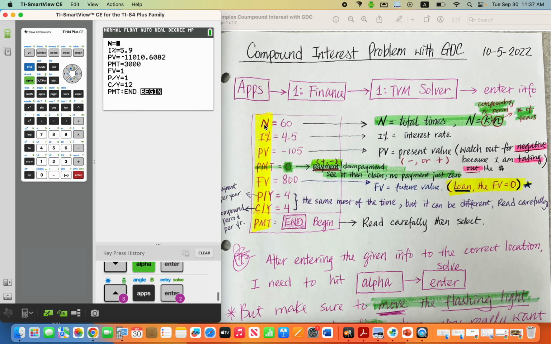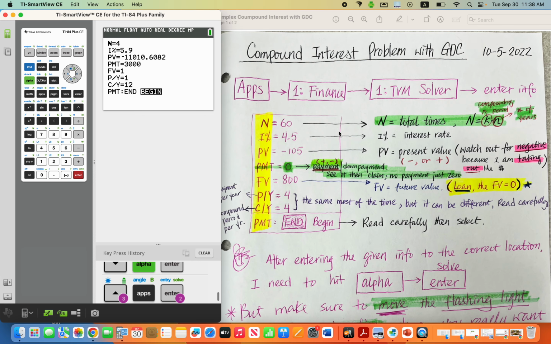In class, we mentioned that the capital N stands for the total times, how many times you're going to deal with the bank to pay the payment, things like that. So the capital N is equal to the compounded period K times the total number of years, lowercase n. So capital N equals K times n.